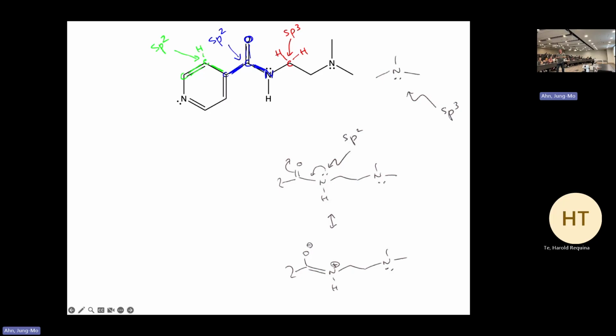So if I ask you which orbital the lone pair of that nitrogen is in, you should say sp3 orbital. But the lone pair of this nitrogen is not in an sp3 orbital, because it's sp2 hybridized. 3 sp2 orbitals are used to make bonds with the 3 atoms. Then what's left over? The p orbital. This lone pair goes to the p orbital, and that's the one that makes this double bond with this carbon.